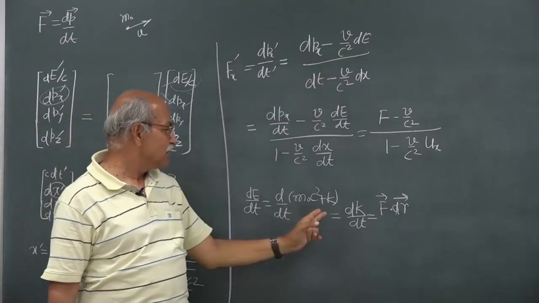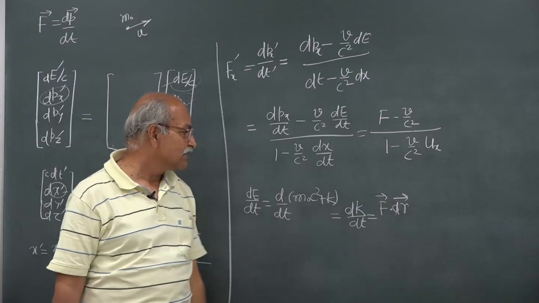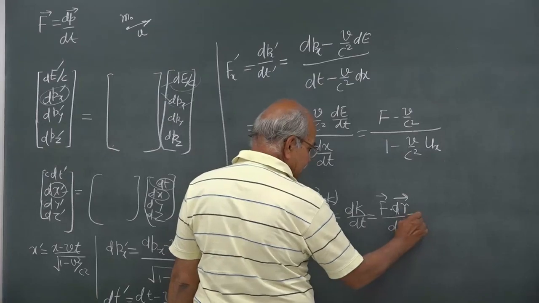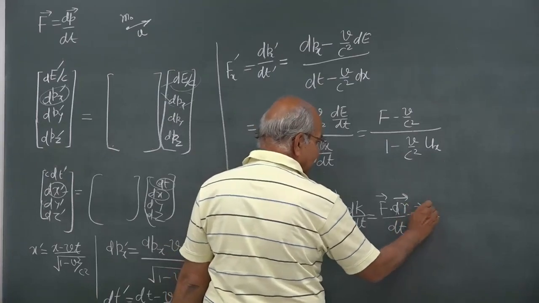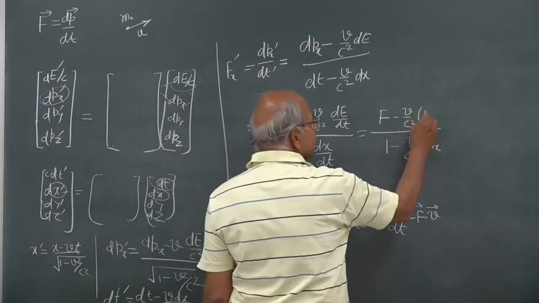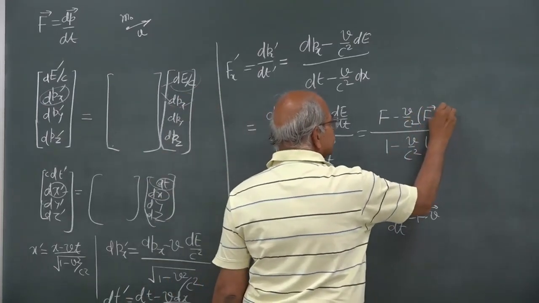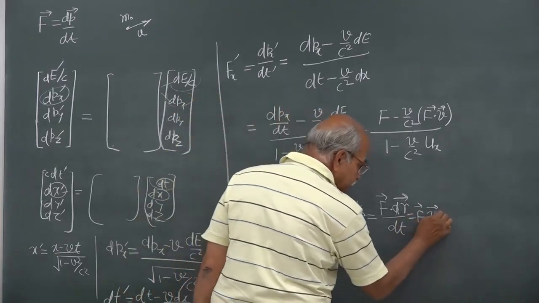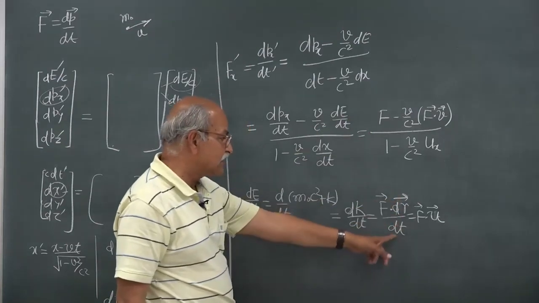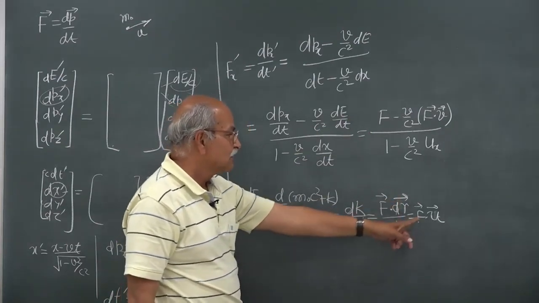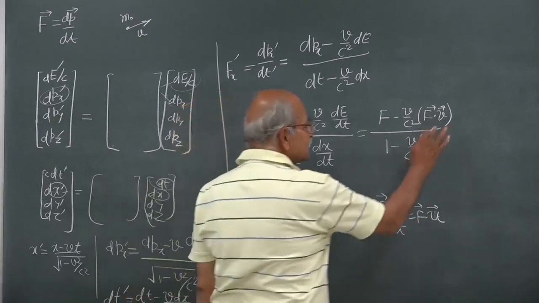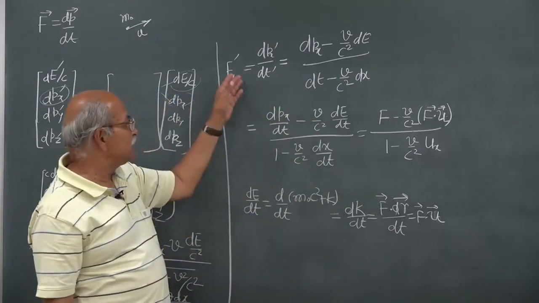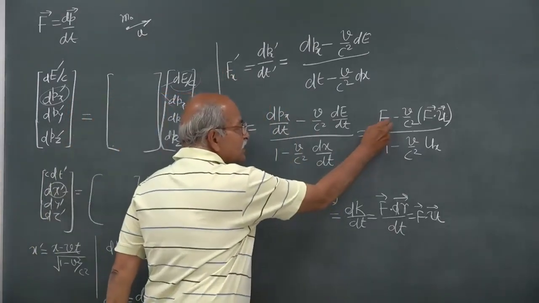So in the S frame I am writing f dot dr by dt, so this is f dot v, f dot u, since dr by dt is the velocity of the particle as seen from the S frame, that is this u vector. So that is the transformation between fx prime and fx.